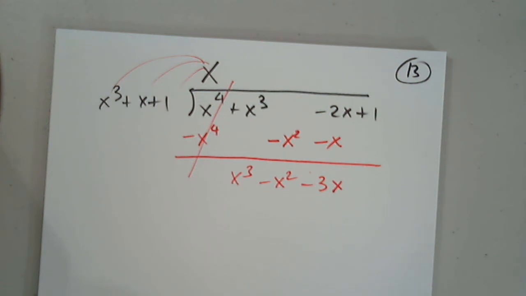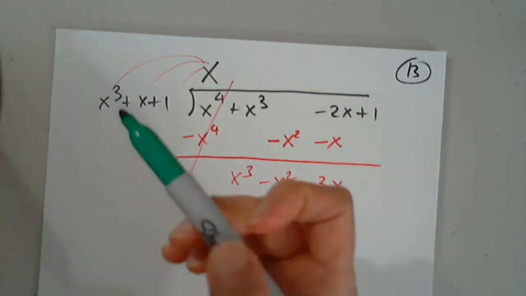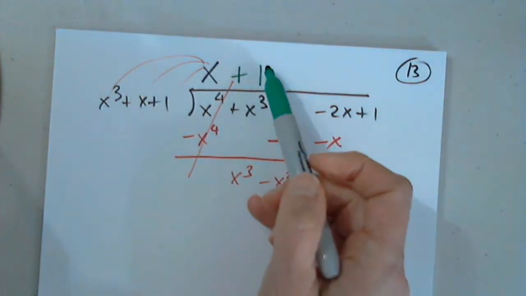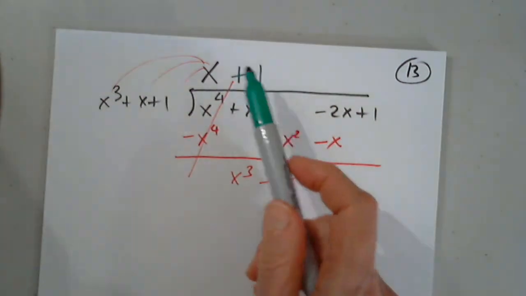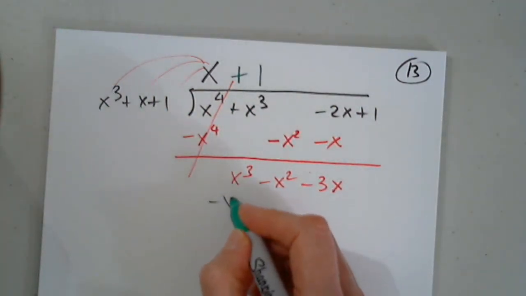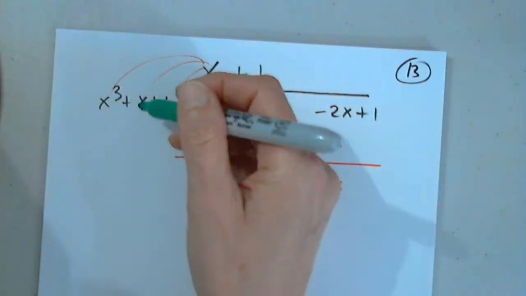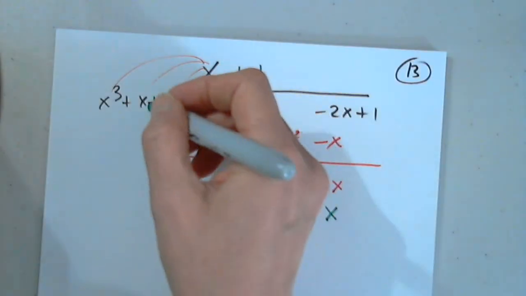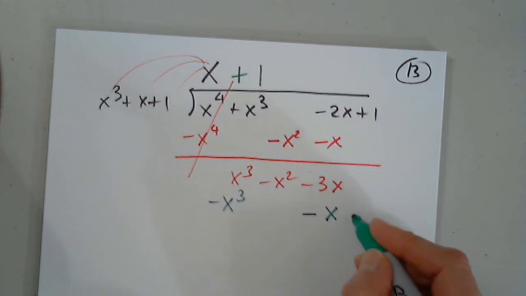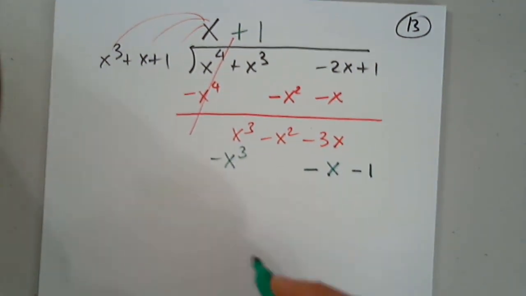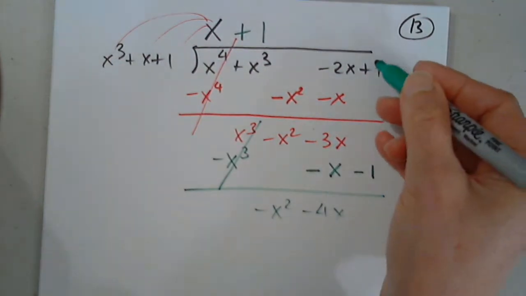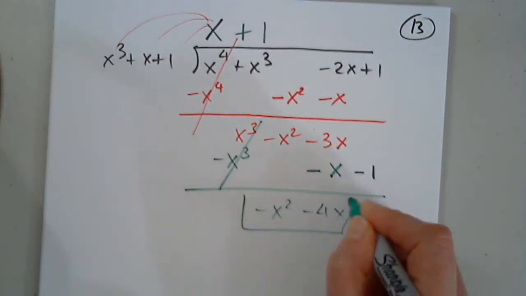Okay, final question. X cubed times what is x cubed? Positive 1. I distribute, subtract: 1 times x cubed, subtract; 1 times x, subtract; 1 times 1, subtract. Negative x squared minus 4x is the remainder.